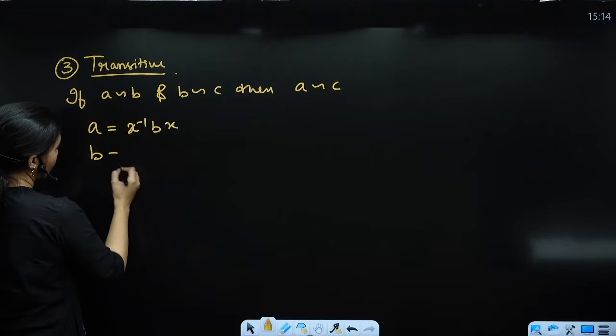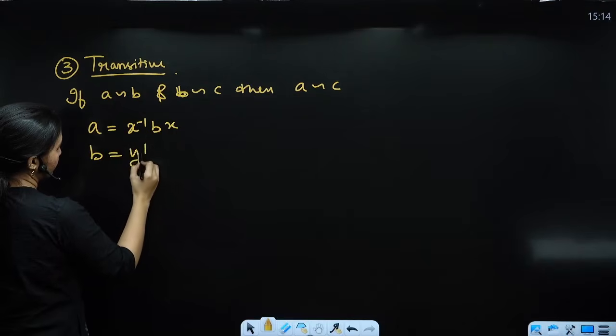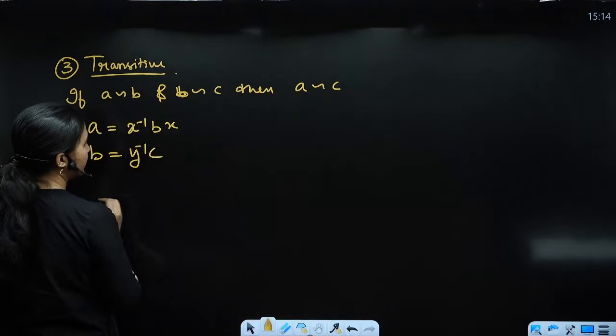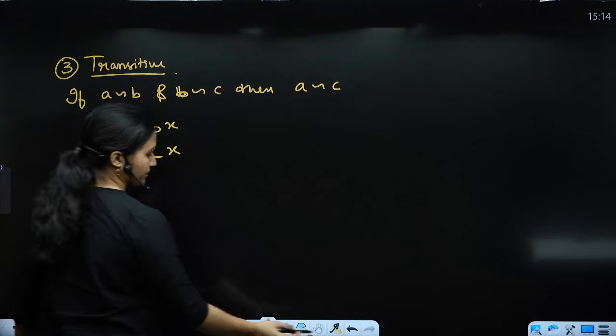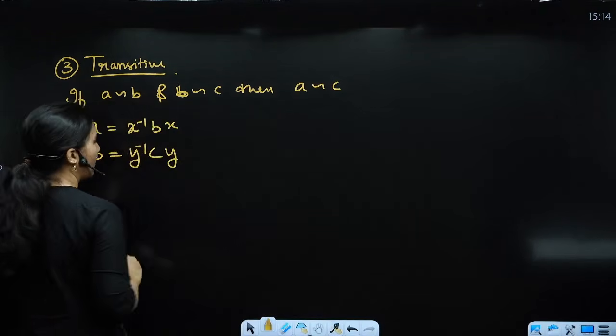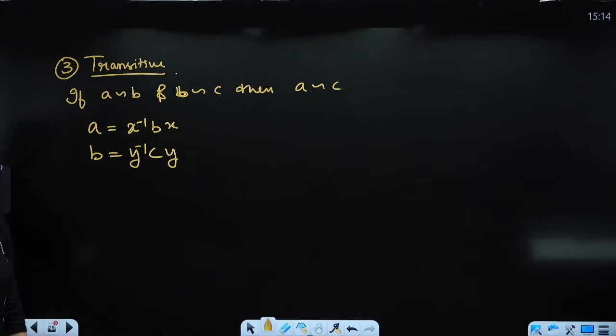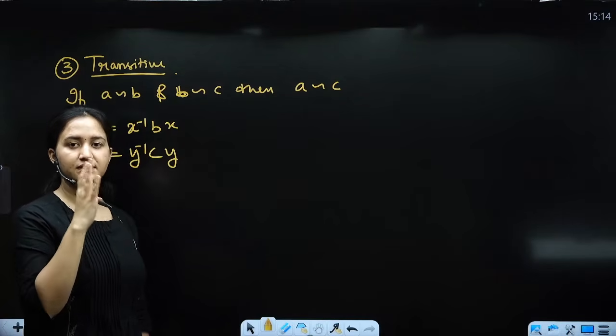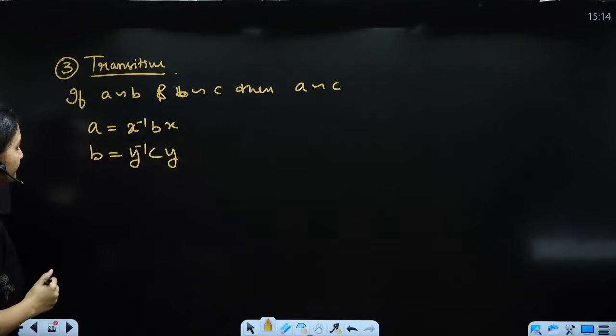And b is congruent to c, that means there exists another element for which b and c are going to be congruent, right? Now I want to prove the same relation between a and c, right? That means a is equals to z inverse c z. Clear?